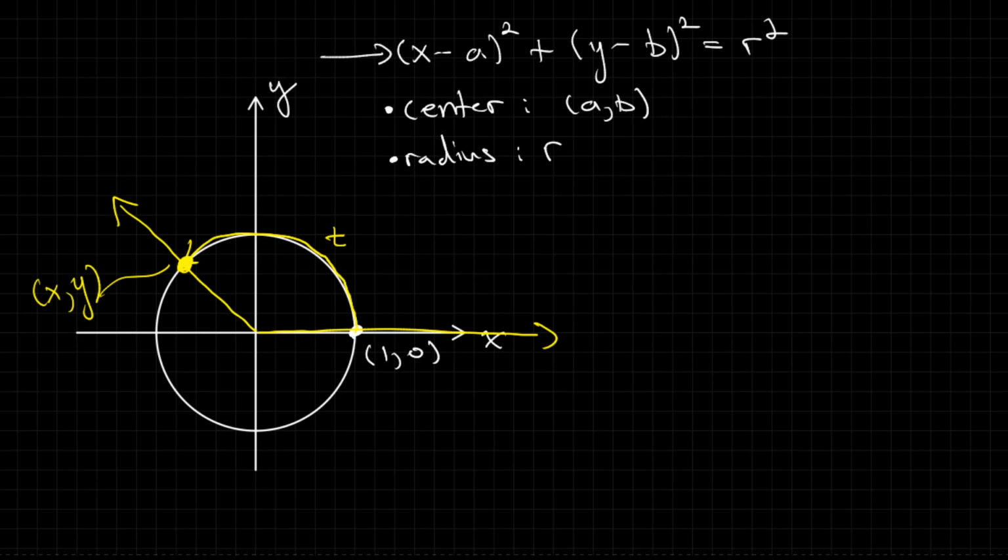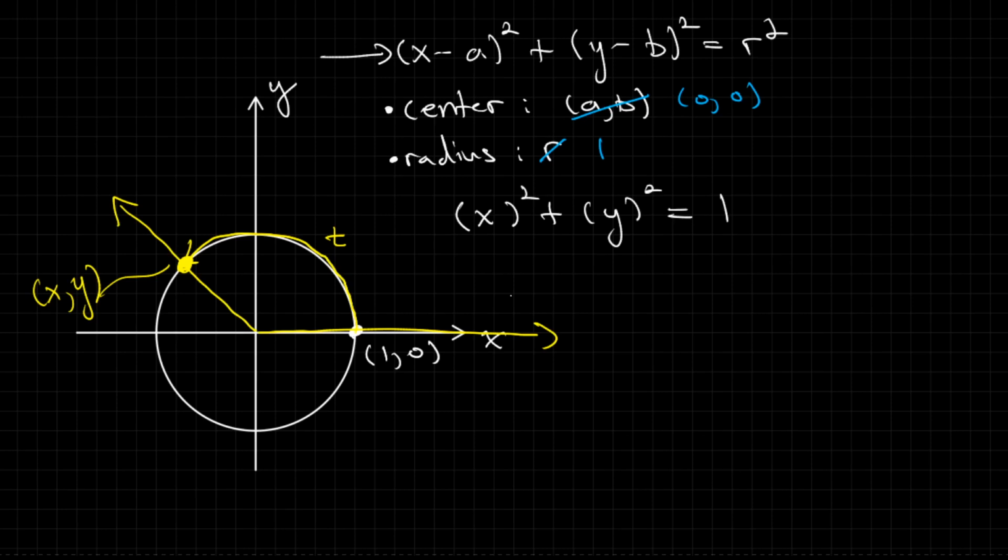Now for the unit circle, the center is (0, 0), and the radius is 1. And so the equation for the unit circle will be x minus 0, but when you subtract 0, you don't need to write that, so x^2 + y^2 = r^2, which is 1.